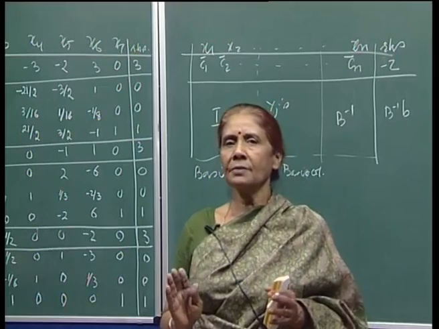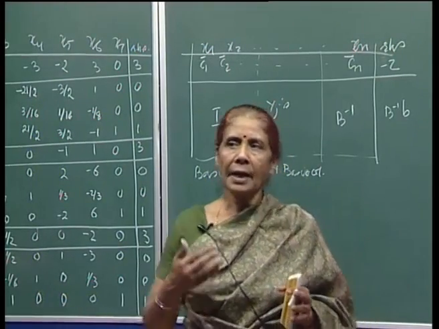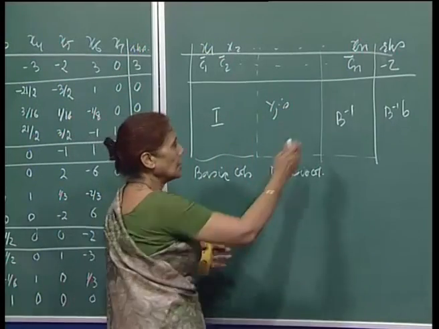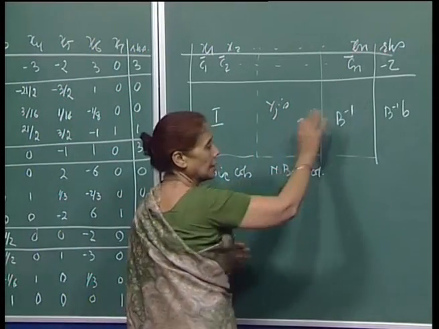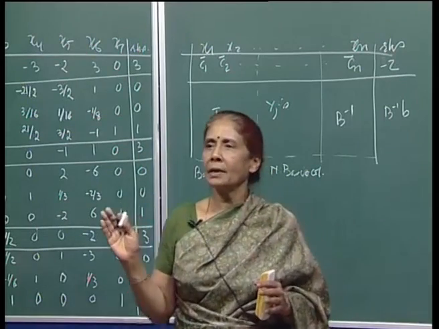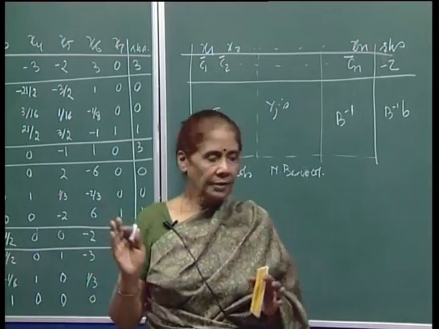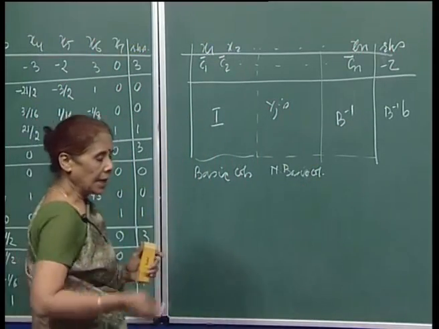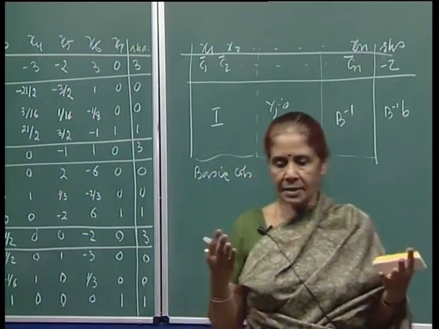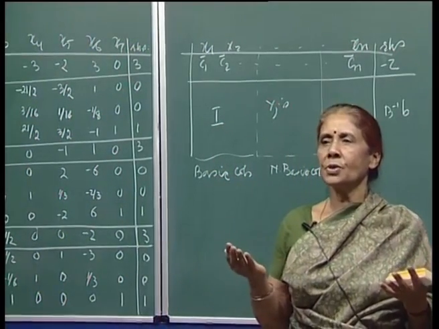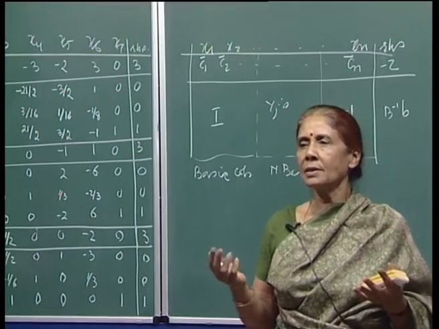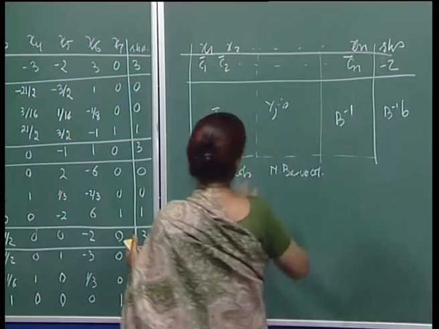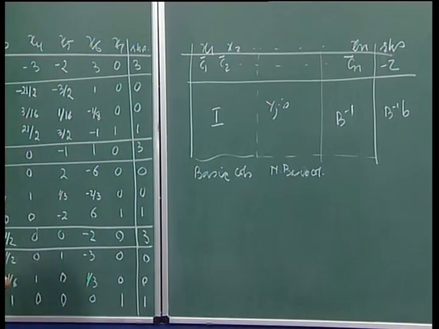But what I am saying is that if in the beginning you could start with an identity matrix as your basis matrix, then because you started with an I and we are always pre-multiplying by B inverse, these columns will always give you the B inverse, and this can come in handy. Otherwise, in any case, when we get a starting basic feasible solution, we will have B inverse with us, and then we can store it somewhere when needed. But basically I am trying to show you this.